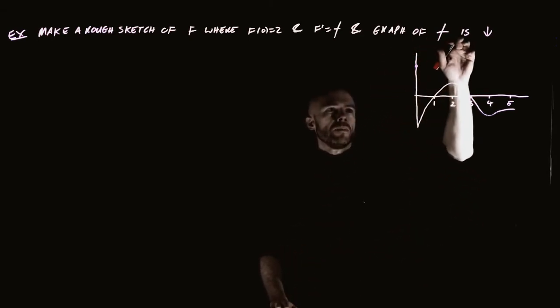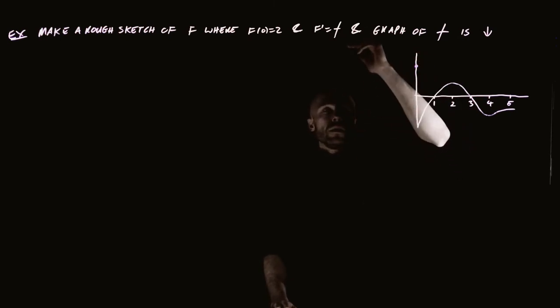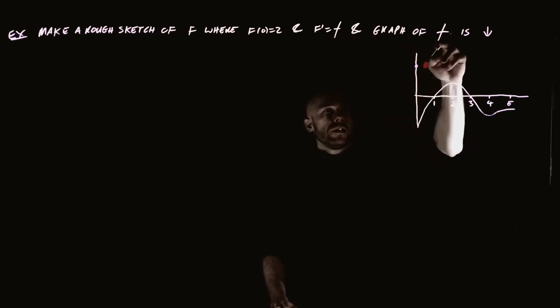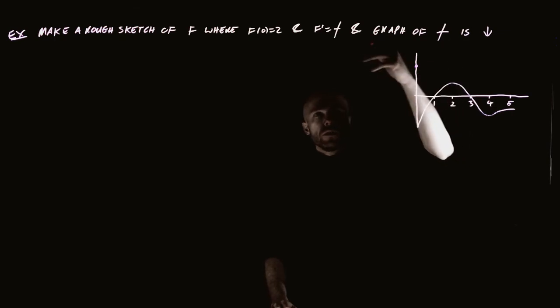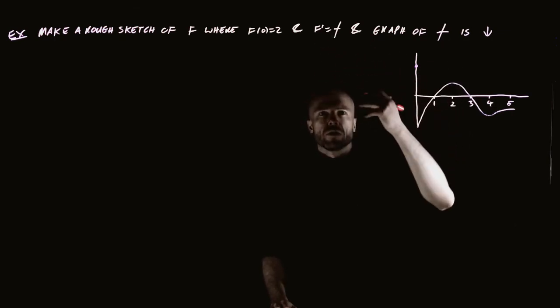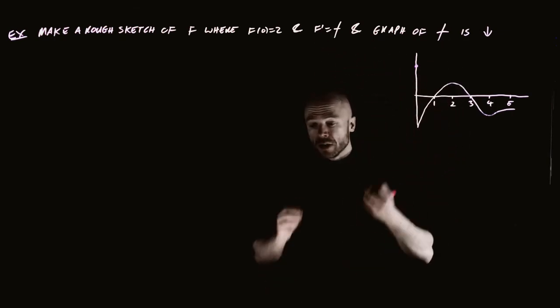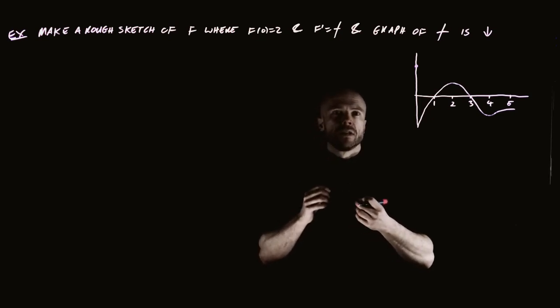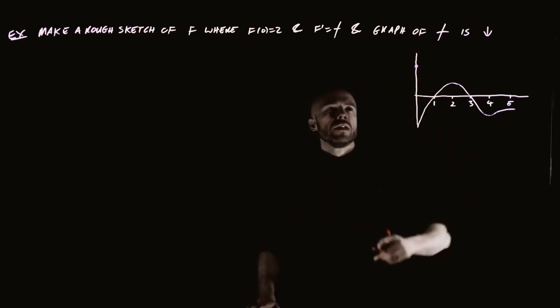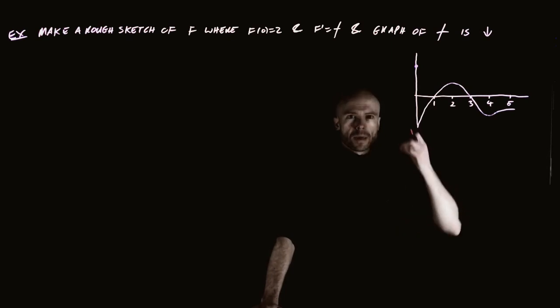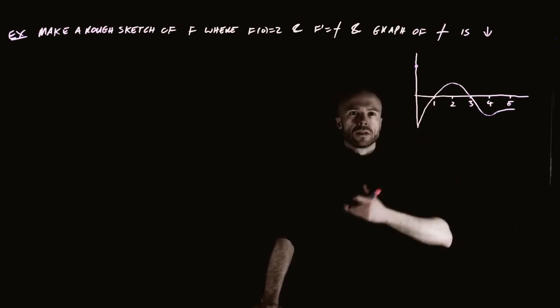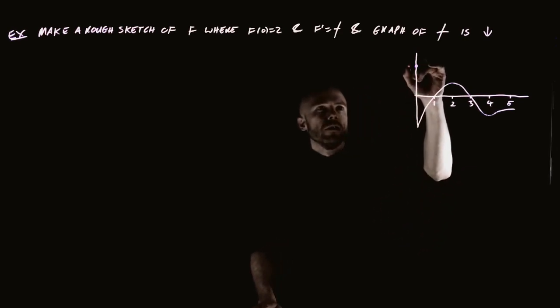We know that this thing is the graph of capital F prime, and we're trying to sketch capital F, and we know that capital F at 0 is equal to 2. So this here is 2.